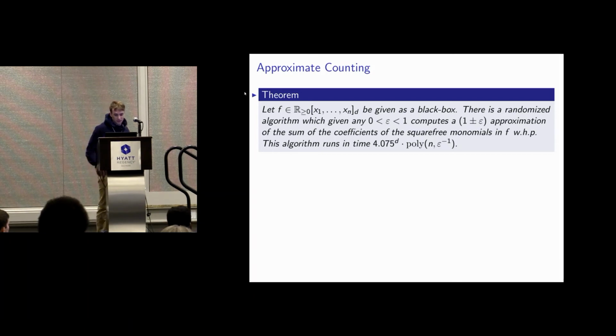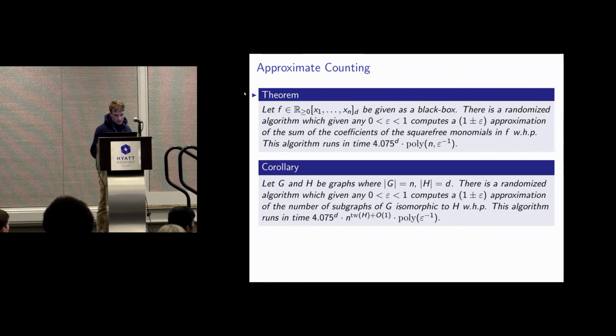So you're computing a 1 plus epsilon approximation of this quantity that we were interested in before. And as a consequence of this, we obtain an algorithm for approximately counting subgraphs of bounded tree width in time 4.075 to the d, polynomial in n, and 1 over epsilon.